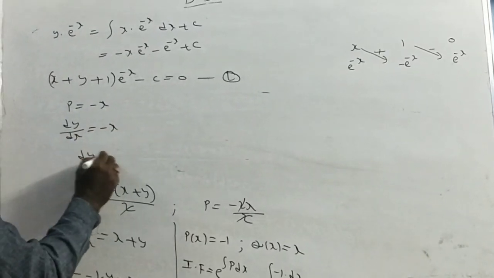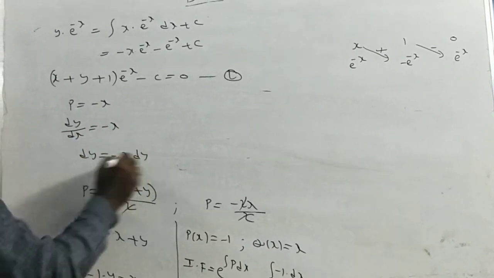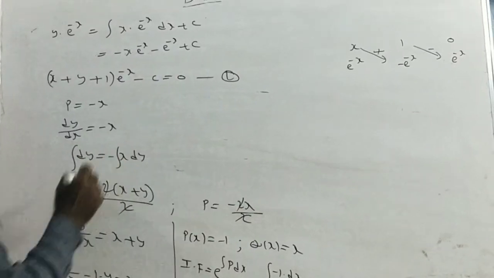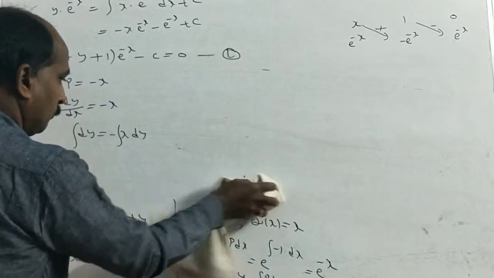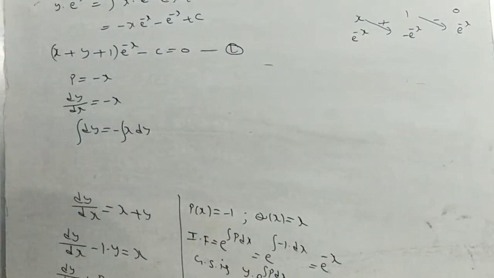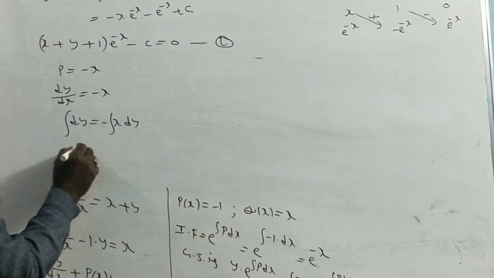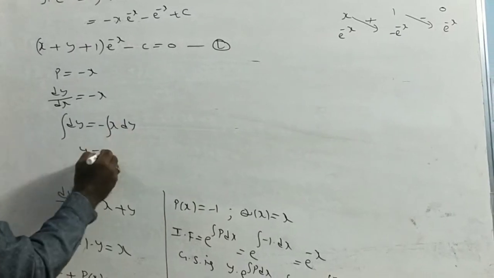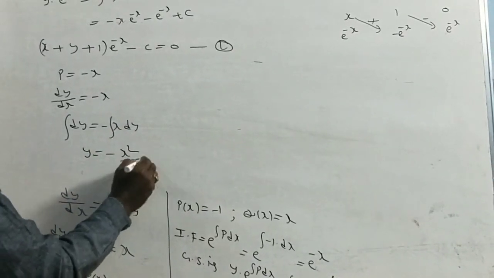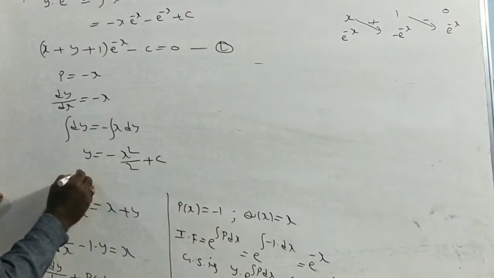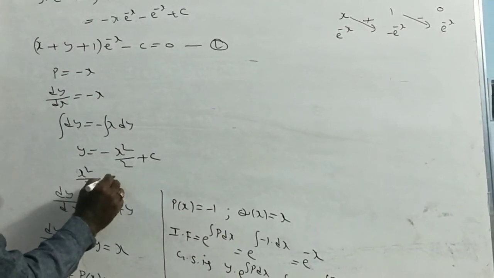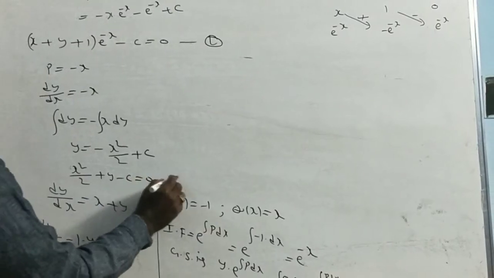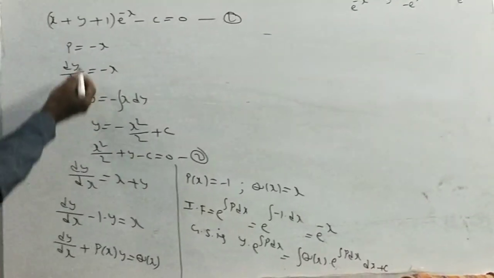So dy equal to minus x dx. On integrating, we get y equal to minus of integration of x, which is x square by 2, plus c. So x square by 2 plus y minus c equal to 0. This is the solution for p equal to minus x.